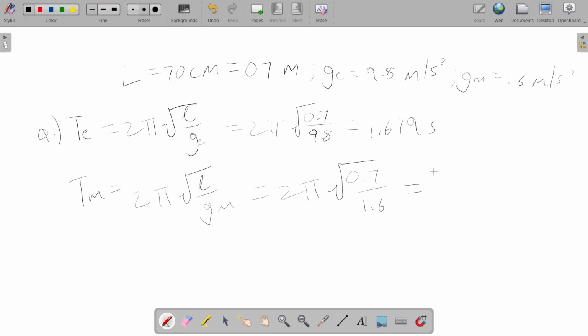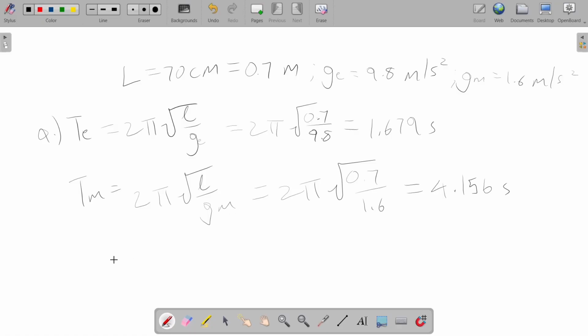And we have 4.15, you could say 4.156 seconds. Easy as that. Now for the frequency, we know that it stays the same.